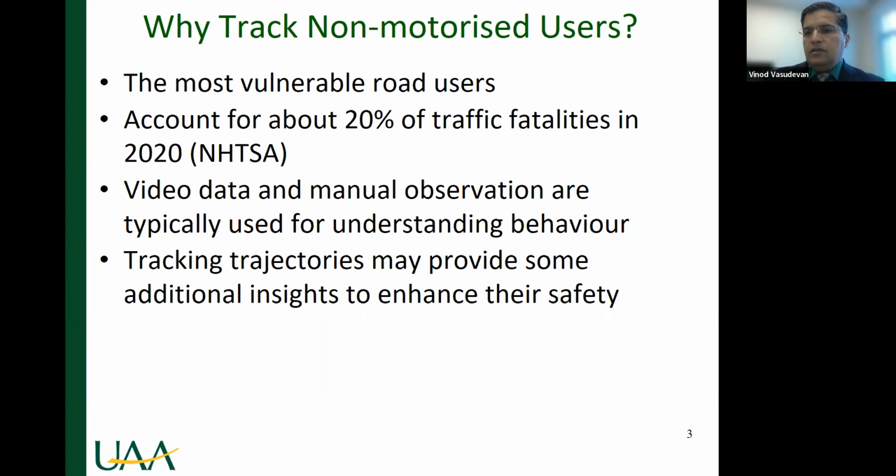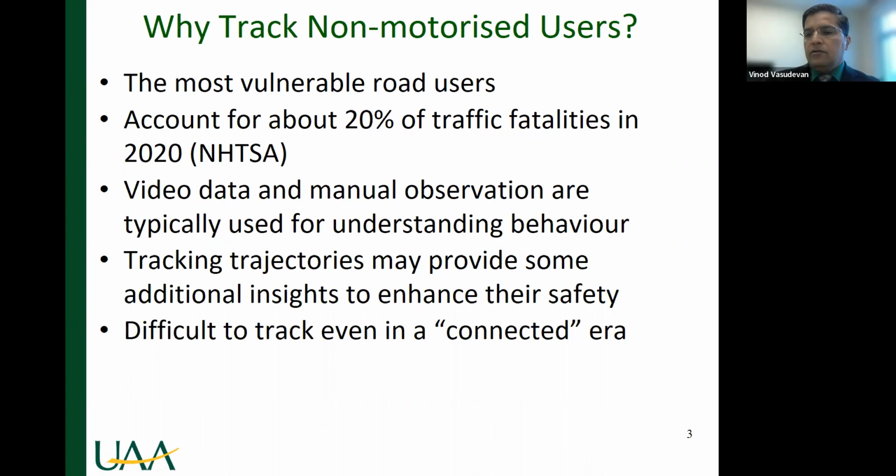First of all, it helps us understand behavioral aspects which could not be captured using traditional methods. And in a connected vehicle era, pedestrian and bicyclist movements are extremely important, because they also play a part in safety and mobility, mainly safety. Unless they are connected, it's very difficult to track them.